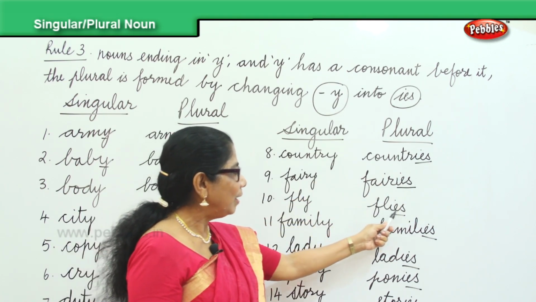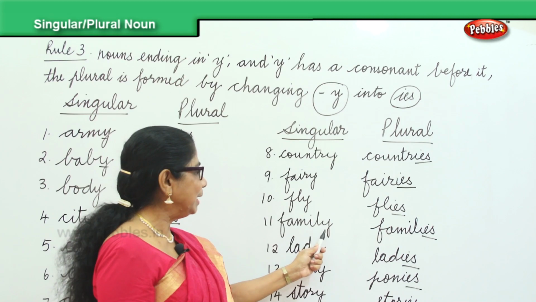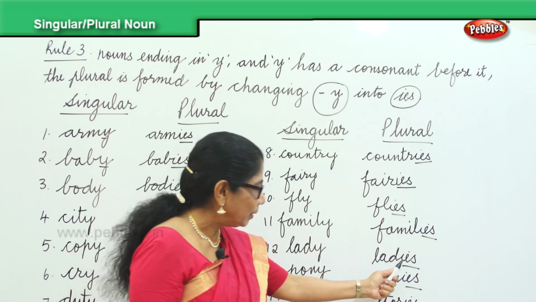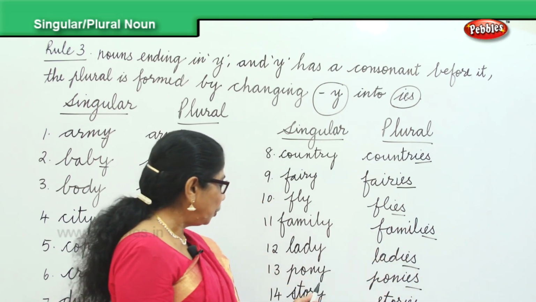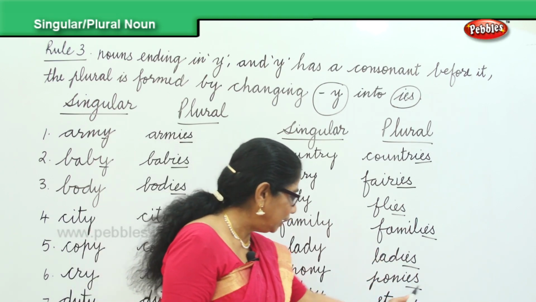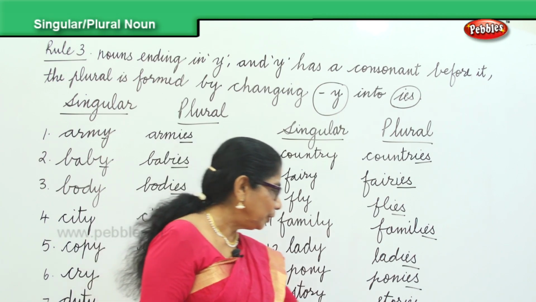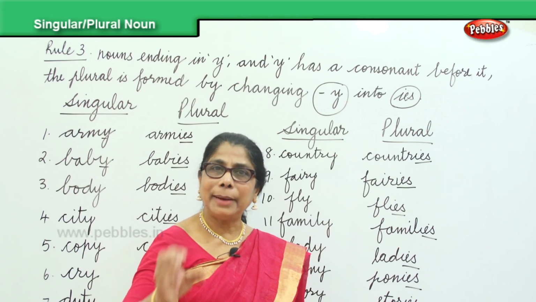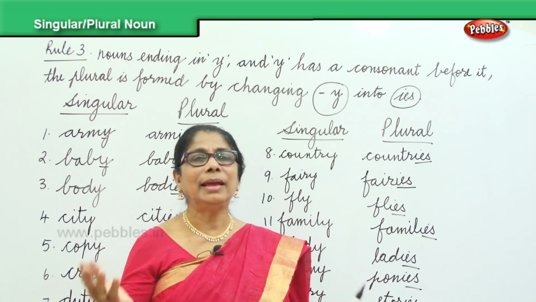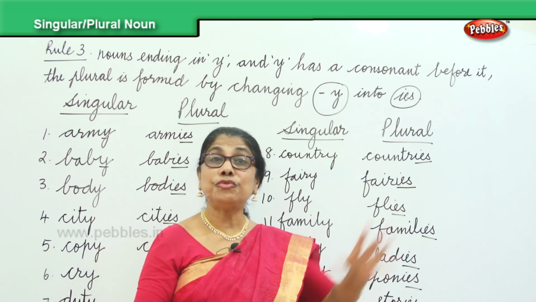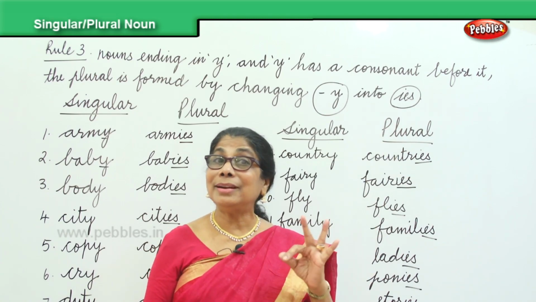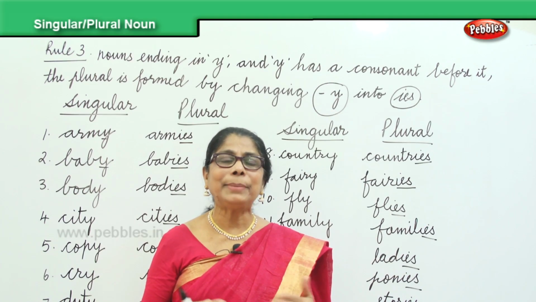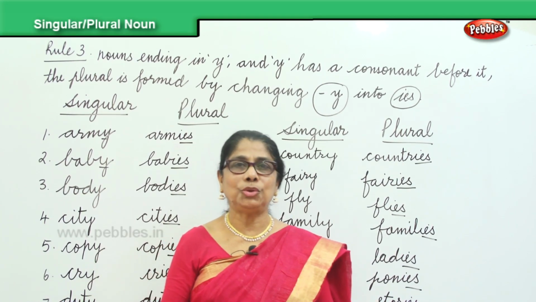Fly, flies. Family, families. Lady, ladies. Pony, ponies. Story, stories. We form the plural by changing the Y and adding IES to form the plural. So we have learned 3 rules. Remembering the rule is difficult, but practice will help you to be perfect.